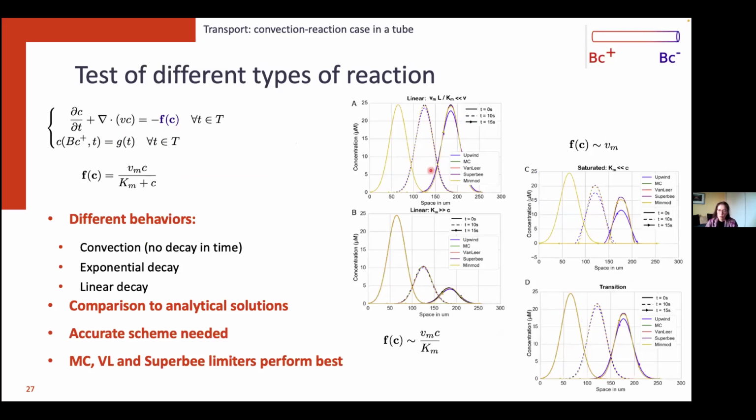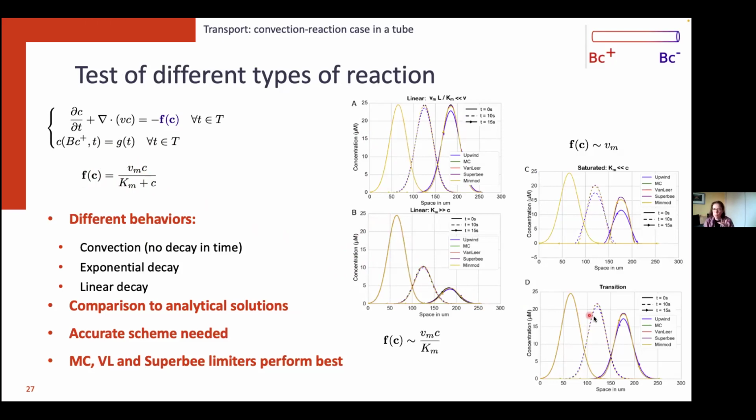And also we looked at different types of reactions. Either a simple convection, where there is no decay in time of the profile, so not many exchanges between the vessel and the cells, or we can observe a linear regime of this reaction term, like an exponential decay or linear decay.